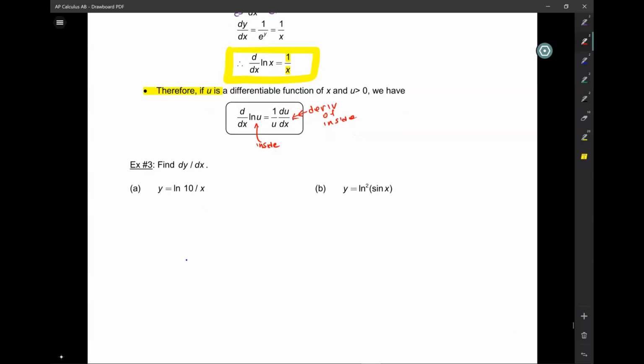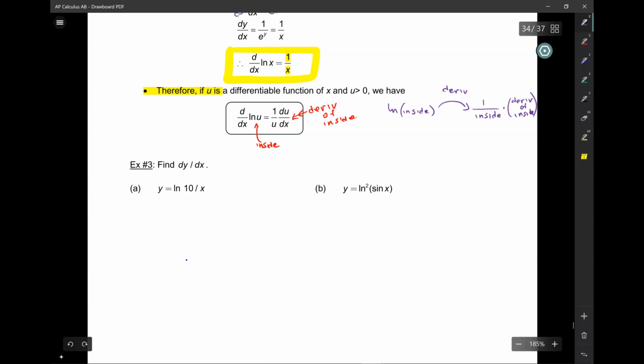The way it works is, suppose you have ln of some function, the inside function, all right? The derivative of this will be 1 over that inside function times the derivative of the inside function, okay? 1 over u du dx.